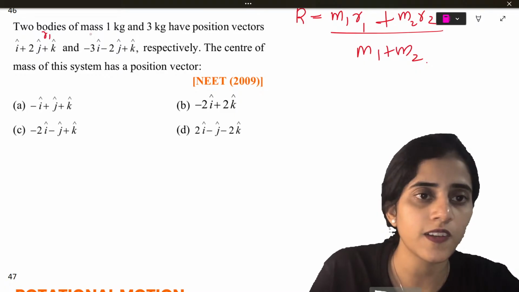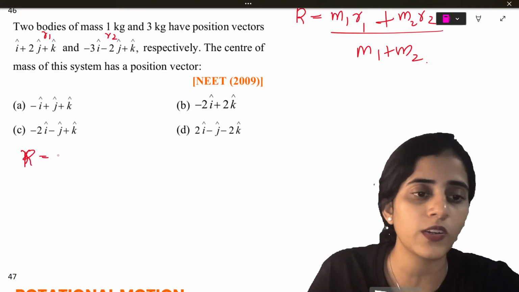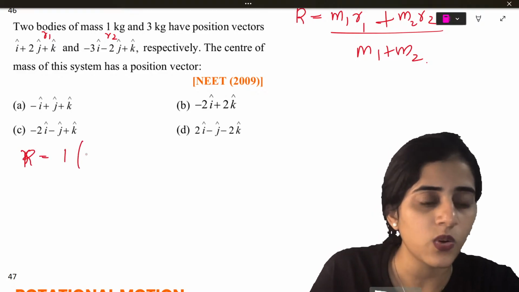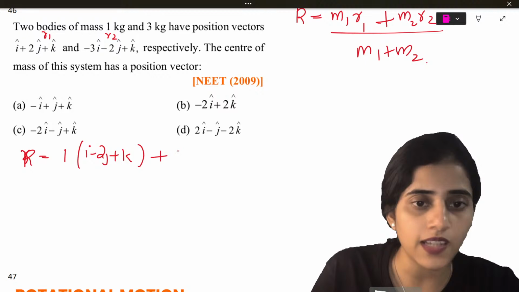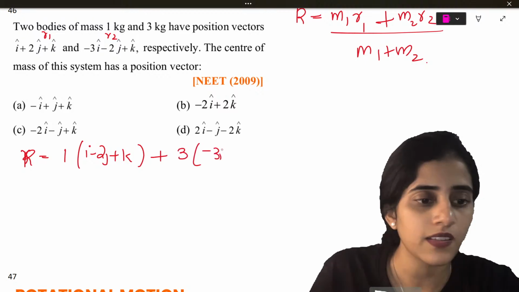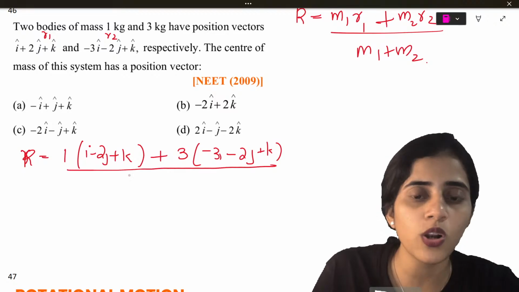So let's do R. Capital R would be equal to 1 into (i minus 2j plus k) plus 3 into (minus 3i minus 2j plus k), the whole divided by 1 plus 3, that is 4.